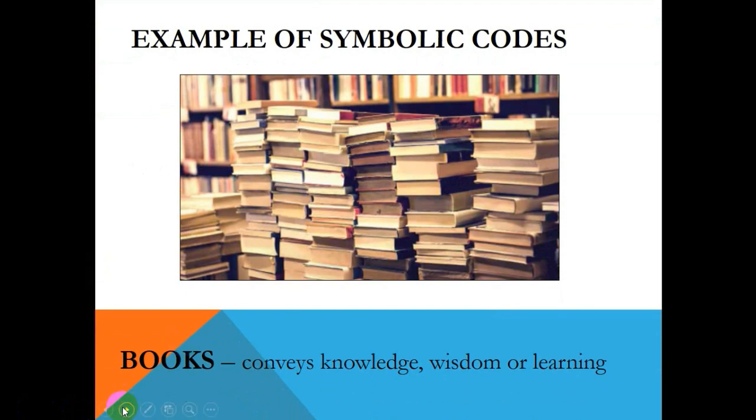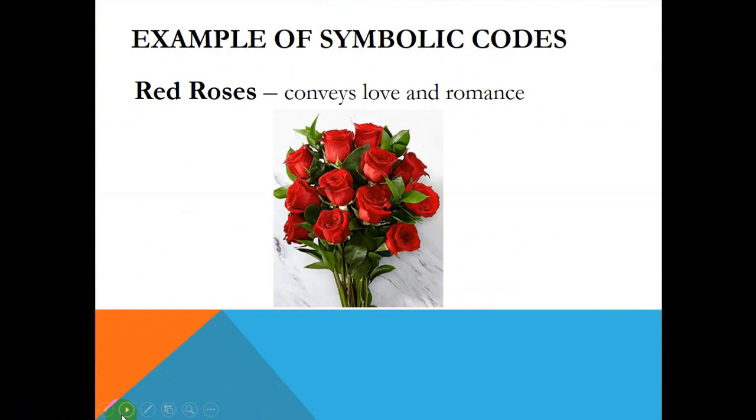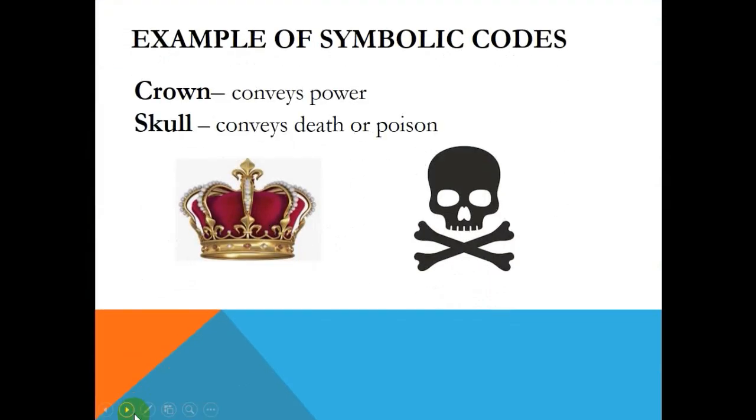Another example is red roses. Red roses conveys love and romance. So whenever we see someone who has red roses, it gives you the immediate impression that he or she is romantic or in love. Other examples of symbolic codes are crown, which conveys power, and skull, which conveys death or poison.